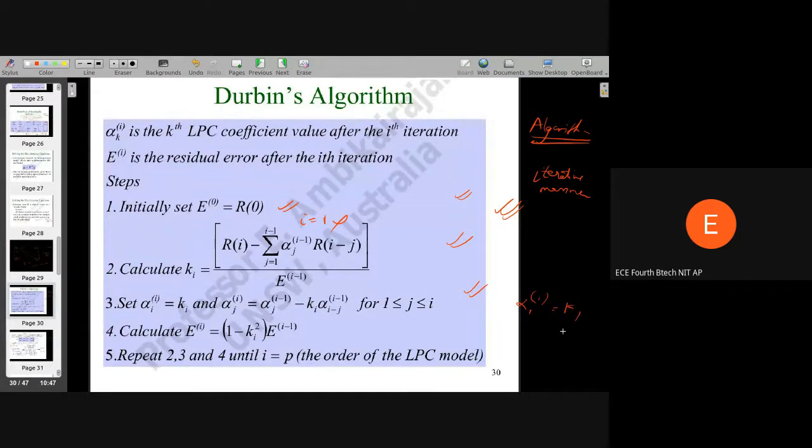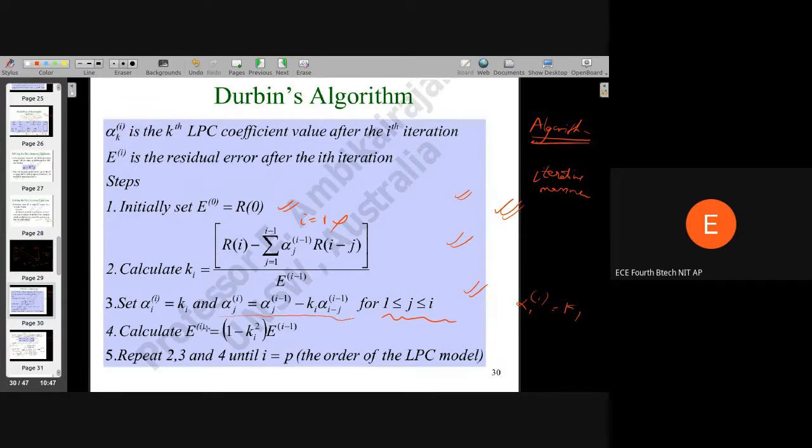Alpha 1,1 will become K1. You can also have alpha 1,0, but alpha 1,0 is not there, so this equation you cannot use in the first iteration. Only from the second iteration will you be able to use this part of the equation.